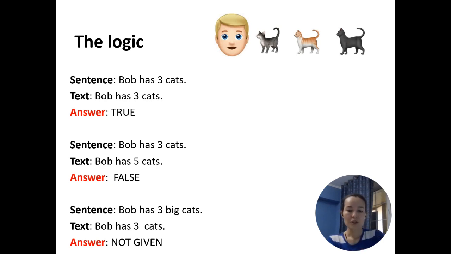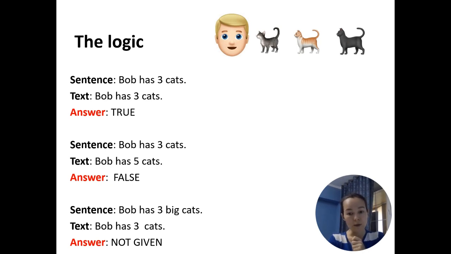So, for example, the sentence says Bob has 3 big cats, and the text says Bob has 3 huge cats. Okay, huge is kind of big, right? You can imagine the size of these cats according to the text, using the information from the text.